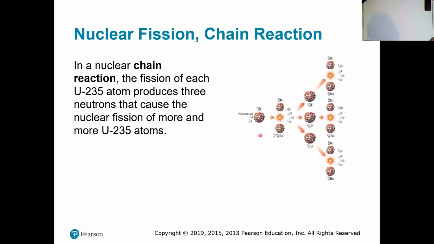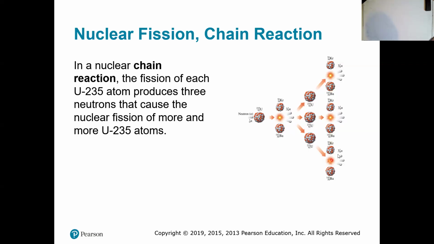All right, so this type of process that is self-perpetuating is called a chain reaction. It means that when this first nucleus splits and forms 3 neutrons, those 3 neutrons are going to go find their own uranium-235s. And then those 3 new uranium nuclei are also going to split.